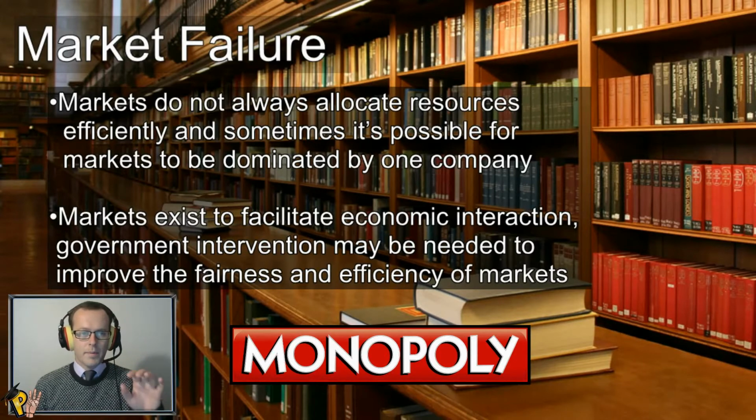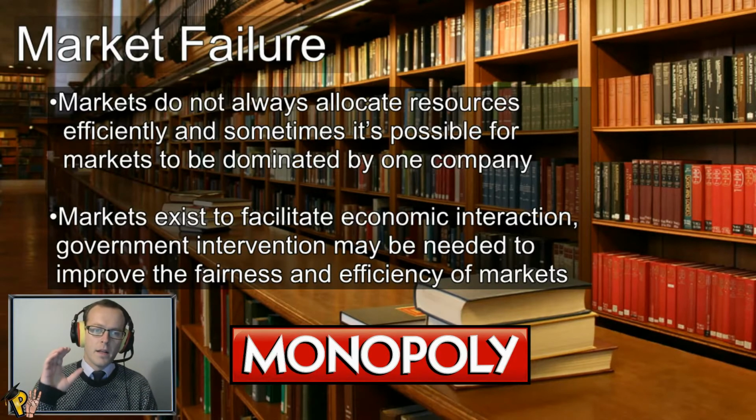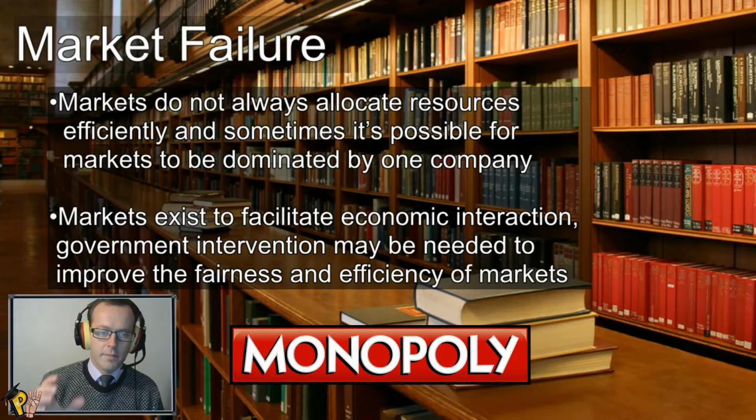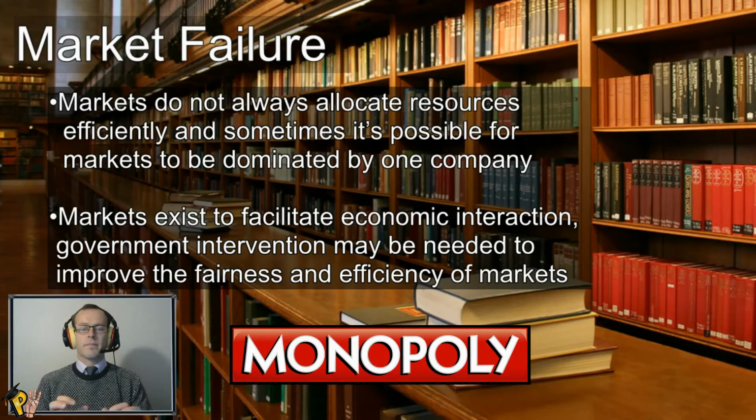And what happens then is only that company becomes better off. They actually inhibit the way that markets operate. Markets are then not a place where economic exchange is facilitated and helped along. It's actually inhibited by this one company.